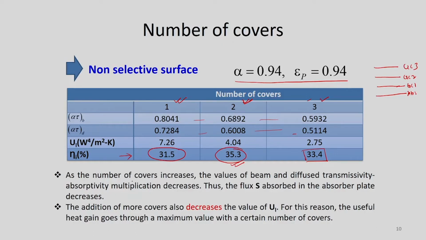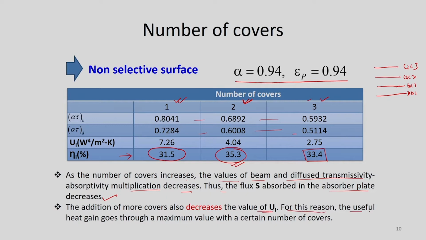As the number of covers increases, the value of the beam and diffuse transmissivity-absorptivity product decreases. Thus, the flux absorbed in the absorber plate decreases. The addition of more covers also decreases the value of UL, which is the overall loss coefficient.